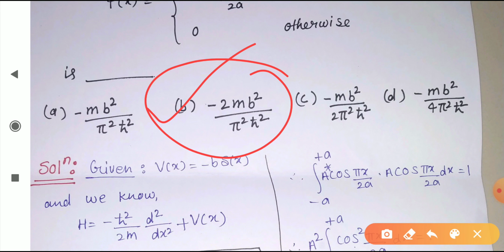Then in the second step you have to use the expectation value of Hamiltonian formula. In that you have to find the equation of the expectation value of Hamiltonian. But in step 2 you will not get the complete answer. So in the third step you have to find the variational parameter value. For that, you do the derivative of the expectation value of H and put that equal to 0.